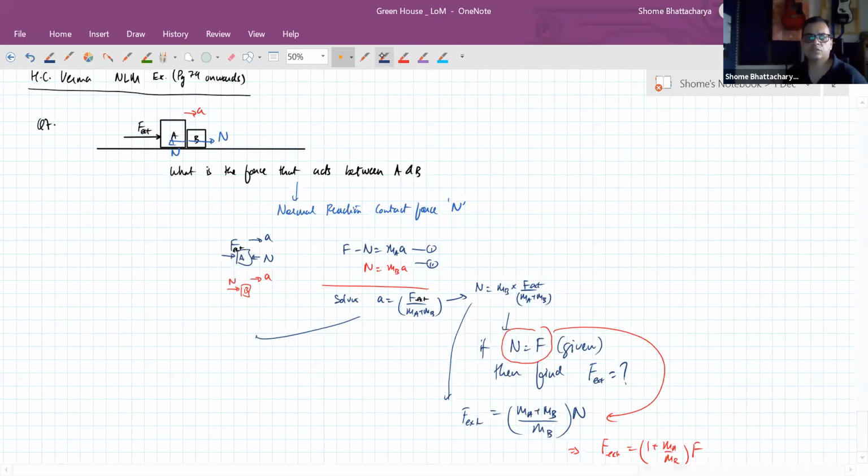This contact force's magnitude is given to us in the question as capital F. On the basis of that, we have to find the external force. So the question is kind of reverse. Okay, so write this down.